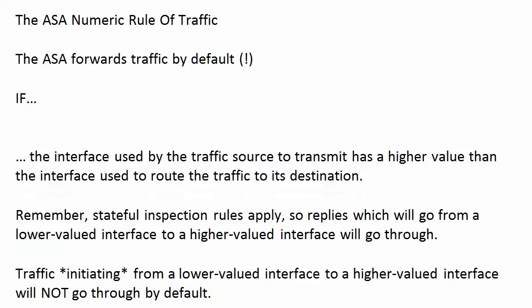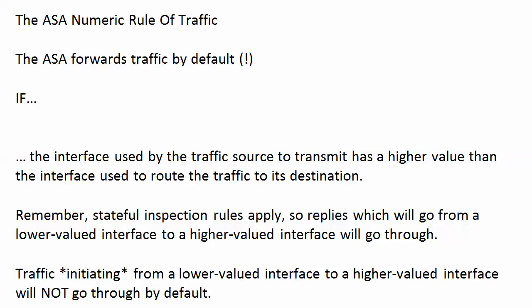Now the ASA numeric rule of traffic. How do we use all these numbers? The ASA forwards traffic by default! Probably didn't expect that. We usually expect it to be rejected. Well, the ASA forwards traffic by default if, and follow along here, the interface used by the traffic source to transmit has a higher value than the interface that's going to be used to route the traffic to its destination.